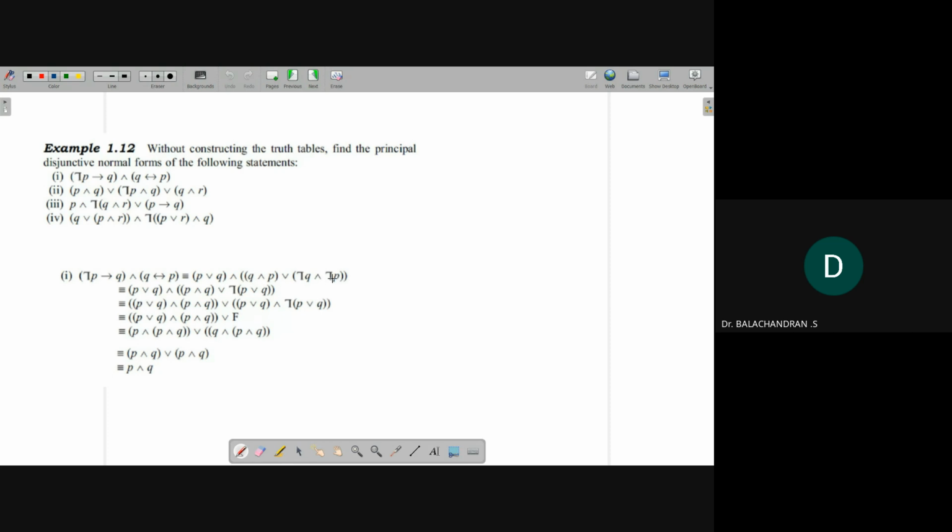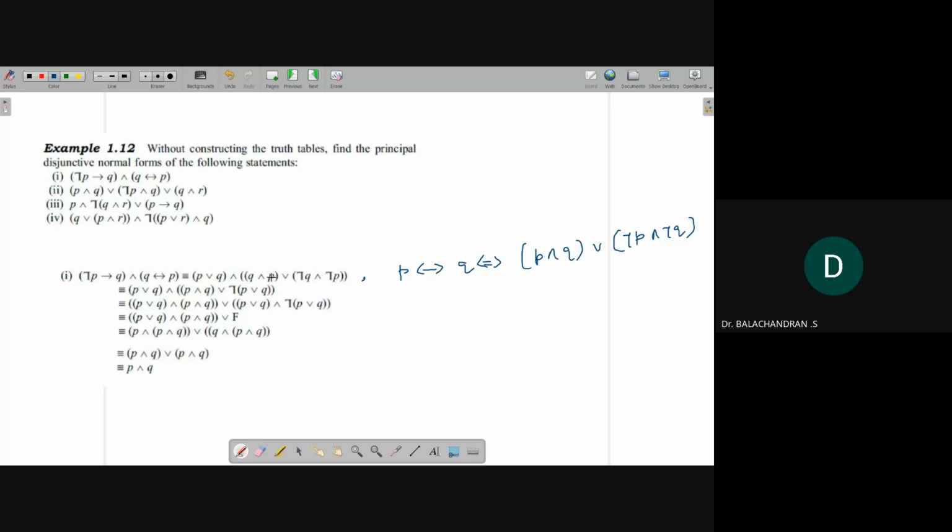Now I'll write what is P biconditional Q, which is equivalent to P and Q or negation P and negation Q. So from here to here, P or Q is here, and they are writing Q and P, P and Q commutative, or they are taking negation outside.